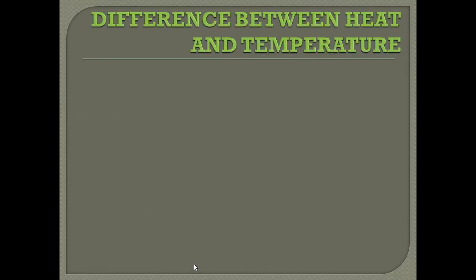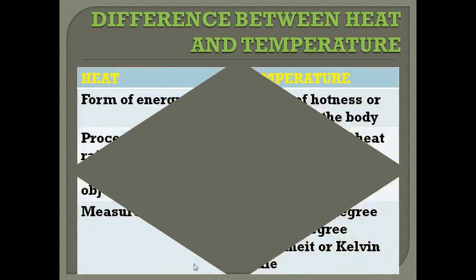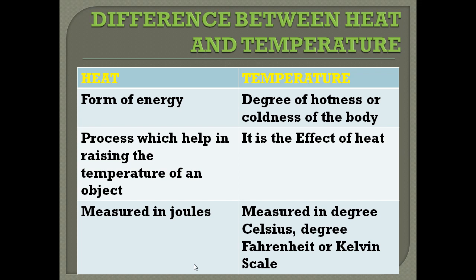Now we can see the difference between heat and temperature. We know heat is a form of energy. Temperature is the degree of hotness or coldness of a body. Heat is the process which helps in raising the temperature of an object.